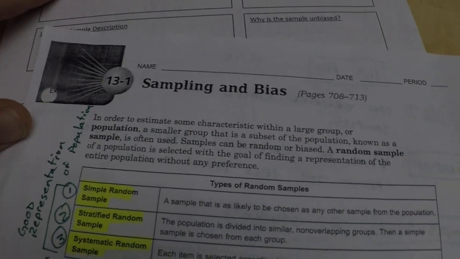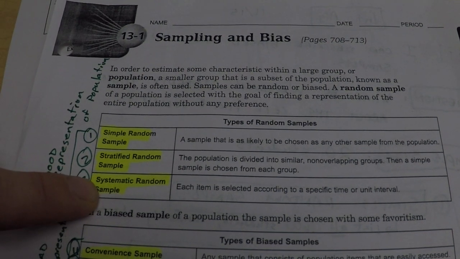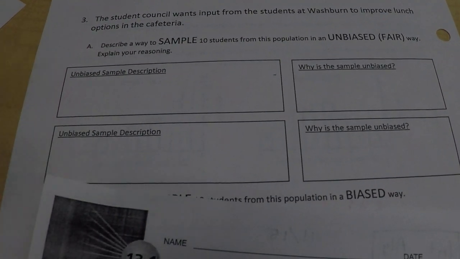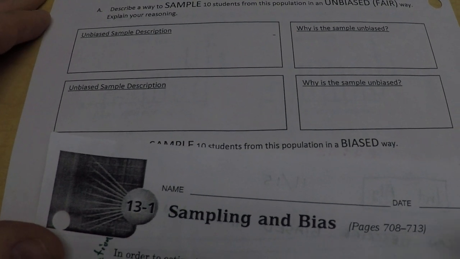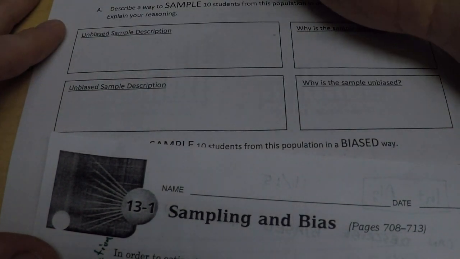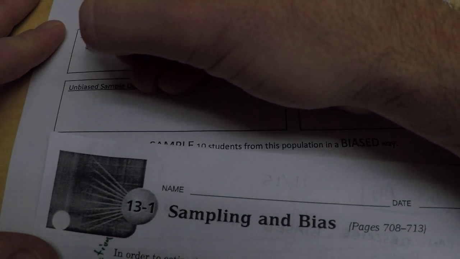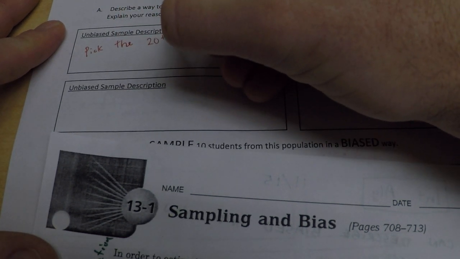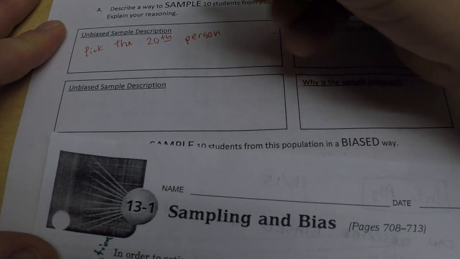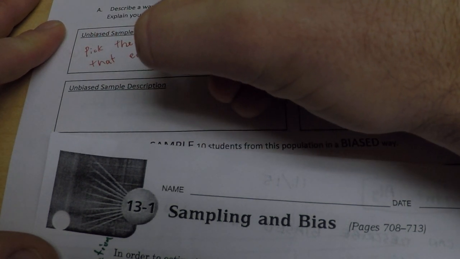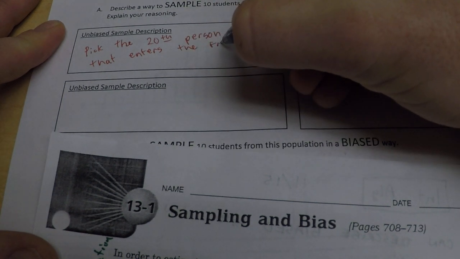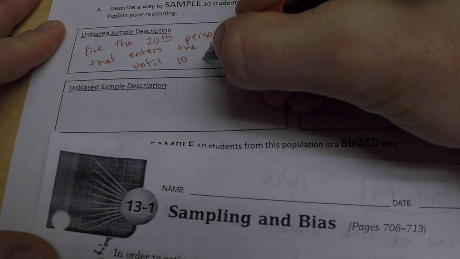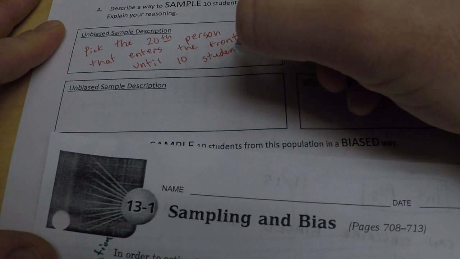So what I'm going to do is I'll probably do systematic random sample. Okay, but this is one you're going to do, and I want you to choose one that is different. So I'll do, I'm going to pick the 20th person that enters the front door until 10 students are chosen.